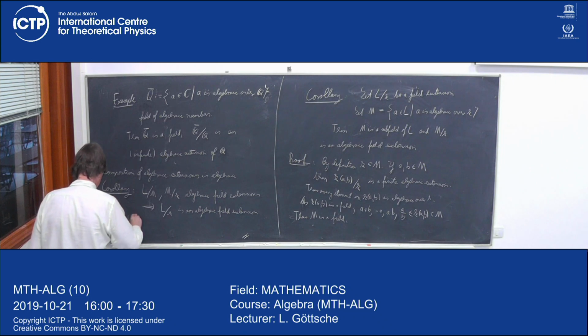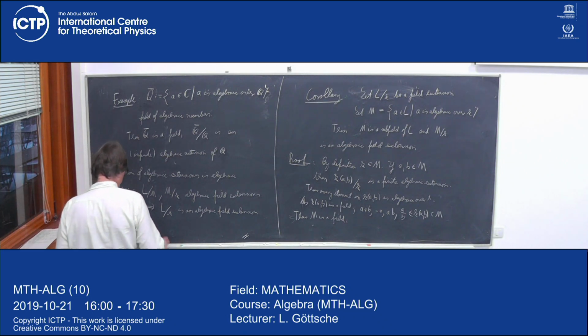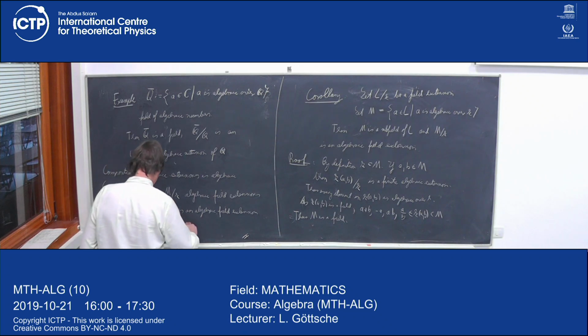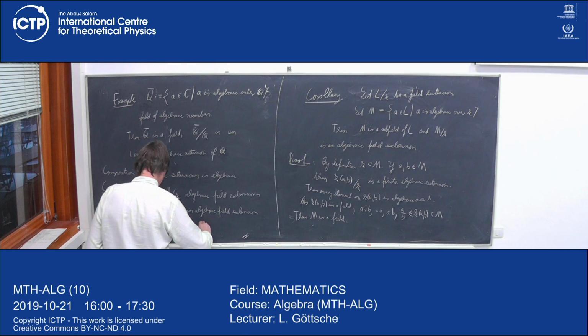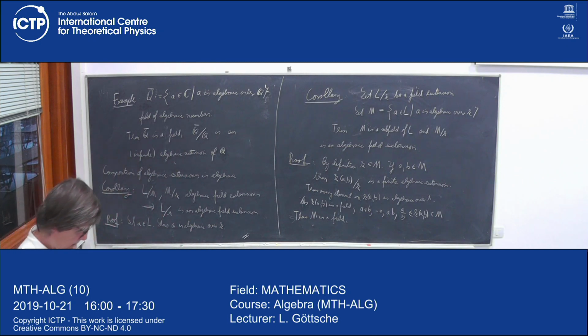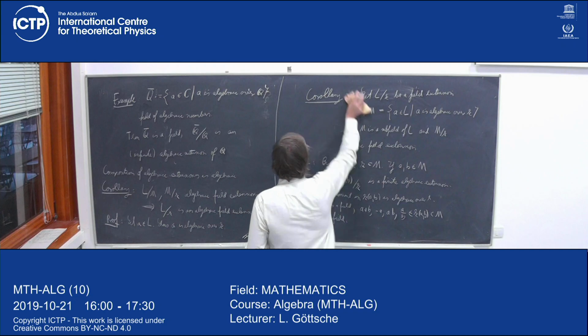So let's take an element A in L. So you have to find a non-zero polynomial with coefficients in K, of which this is zero. So show A is algebraic over K. So we know A is algebraic over M, so we better use that.